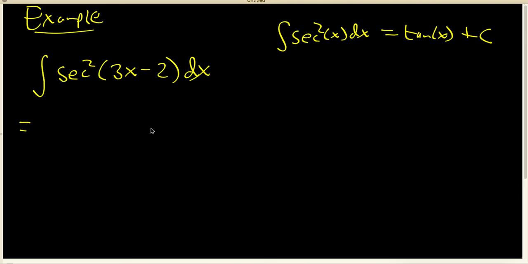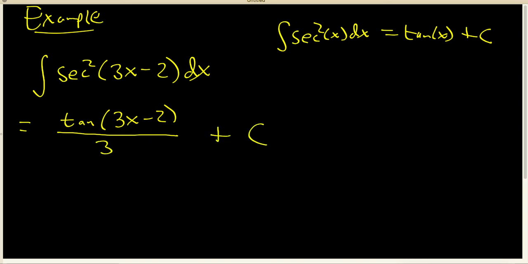So using that fact, I can say that this integral is going to go back to the tangent evaluated at 3x minus 2, but then I have to divide by the slope of 3x minus 2, and then I add the constant at the tail end.